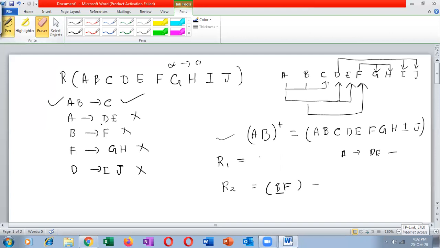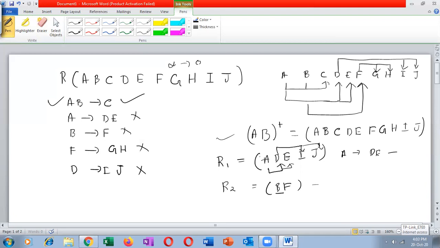So the first dependency creating a problem for me is A to DE. So keep A, D, E together. Now again, I have a dependency from D to IJ. So I have to keep IJ with it. Now A to DE is there and D to IJ is there. Is it in 3NF?